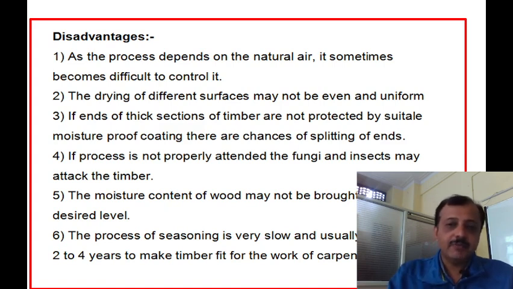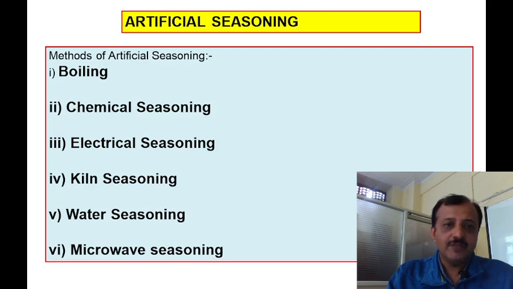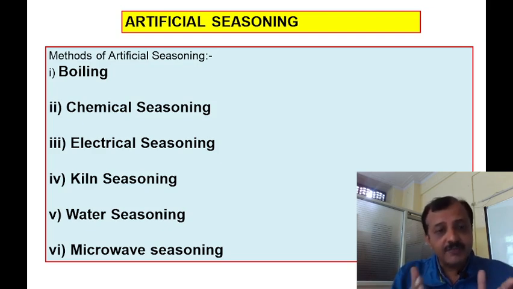So these are some of the disadvantages of natural seasoning. Natural seasoning takes 6 months to 2 years, depending on the type of timber, the moisture content present in the timber, and the size of the sections used for seasoning.